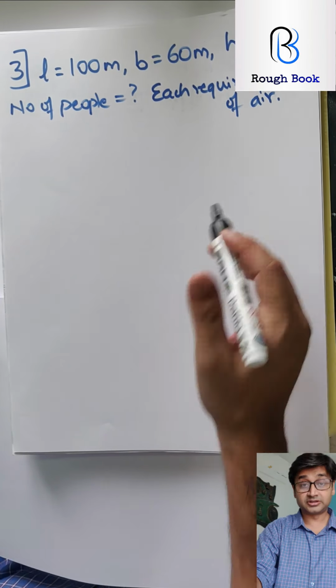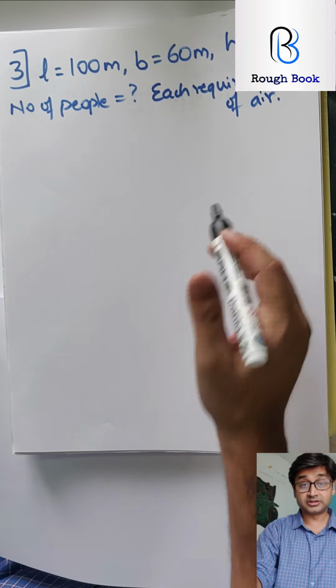So basically this is volume. So you can say number of people is equal to volume upon air required by each. So volume is length into breadth into height and volume required by each is 150.